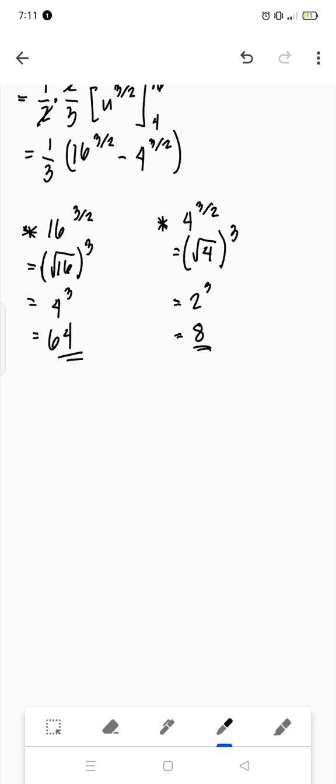Next, we have that you will have the 1/3 times 64 minus 8, and 64 minus 8 is equal to 56.